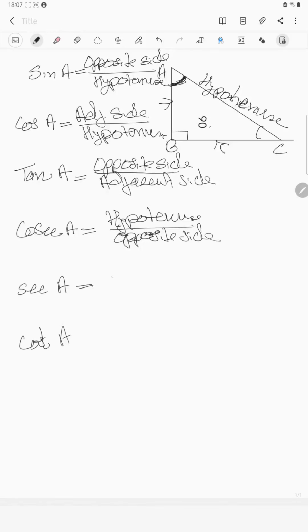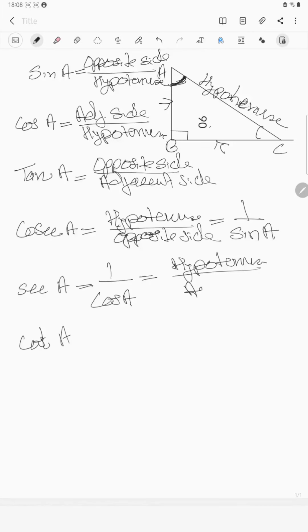Similarly, secant A is also called 1 upon cos A, which is the reciprocal of cos, which is equal to hypotenuse upon the adjacent side.